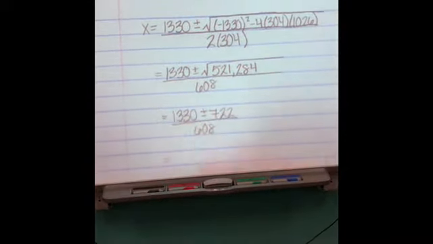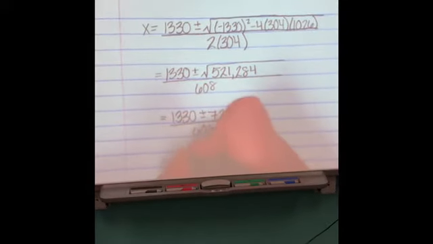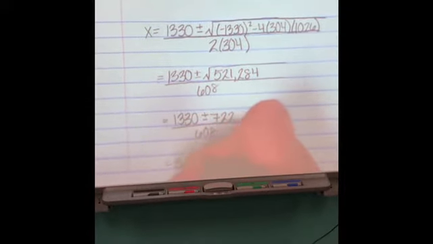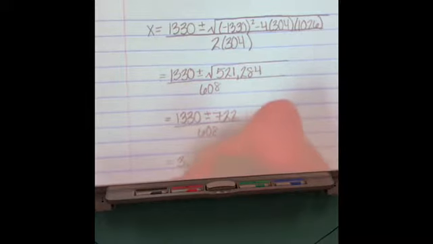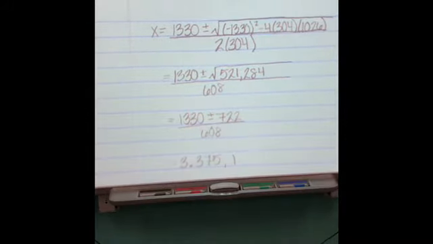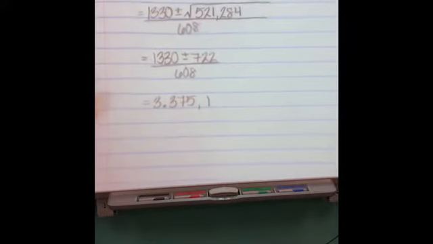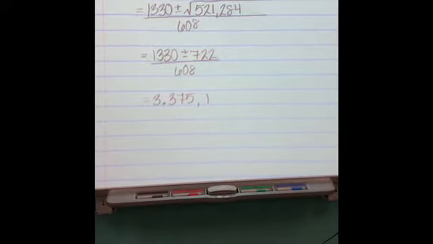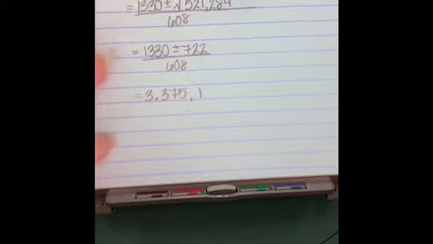Okay, so that will give me an answer of, not 3,000, 3.375 and 1. Okay? And you have to keep in mind that what we really found here was x, and x is equal to r cubed.